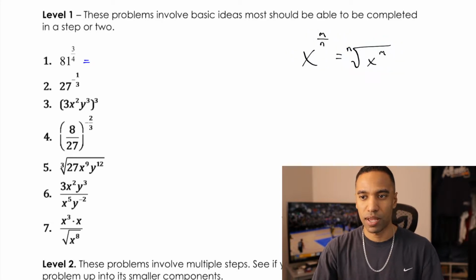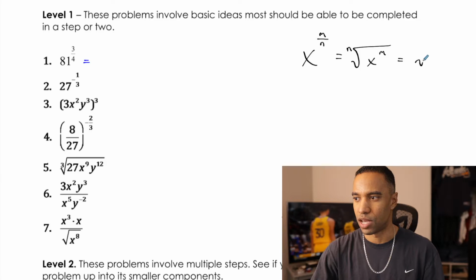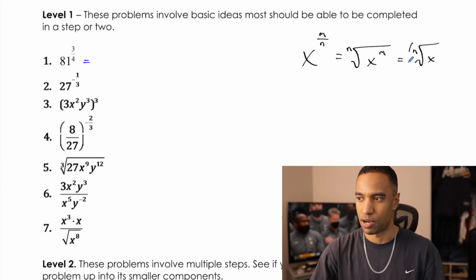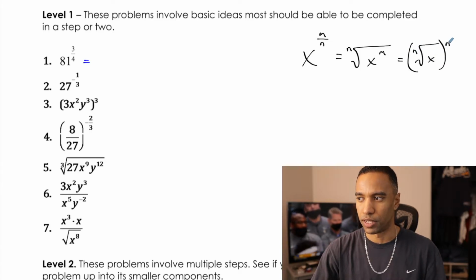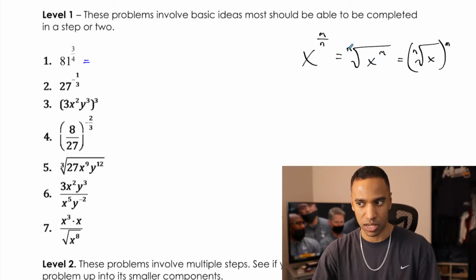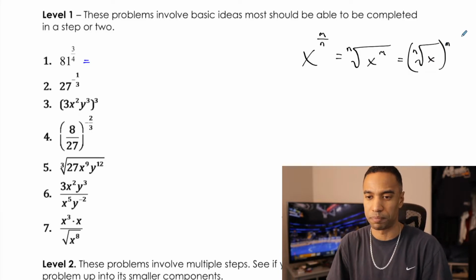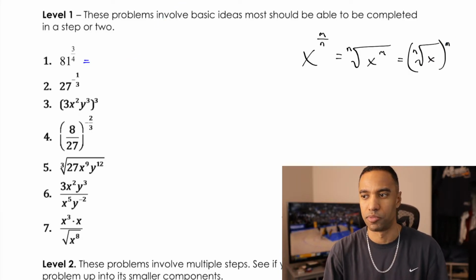The other way, and the one most often used by us, is we can take the root first, and then raise it to the power. These are all equivalent. Saying it like this looks like you're raising it to the power first and then taking the root, versus taking the root and then raising it to the power. Either way, you should achieve the same value with the kinds of problems that we're doing.